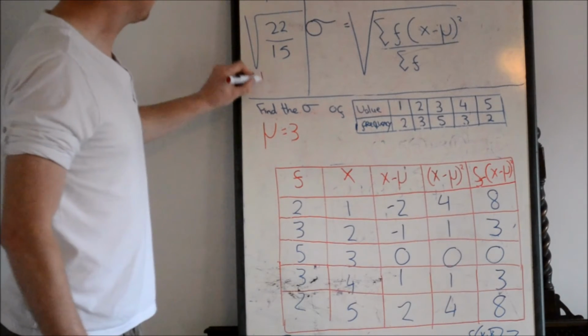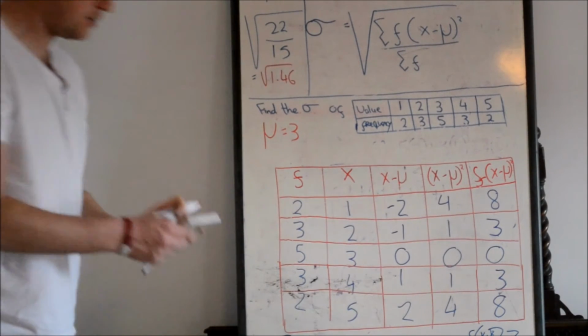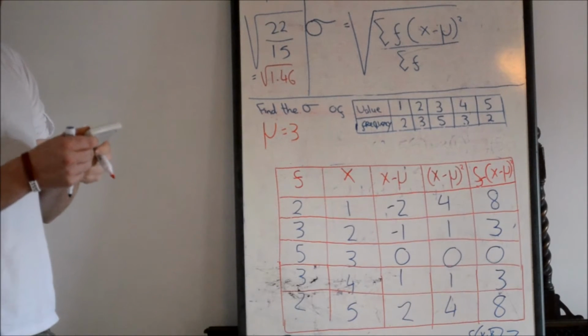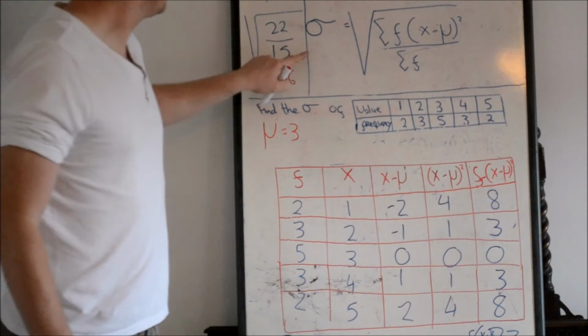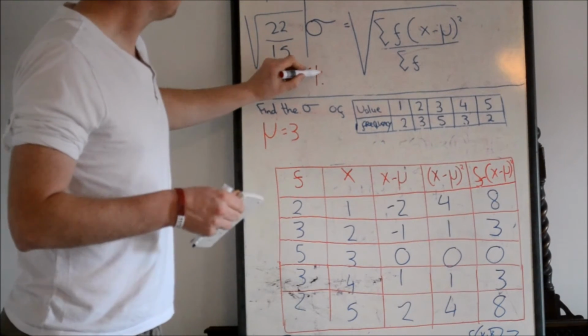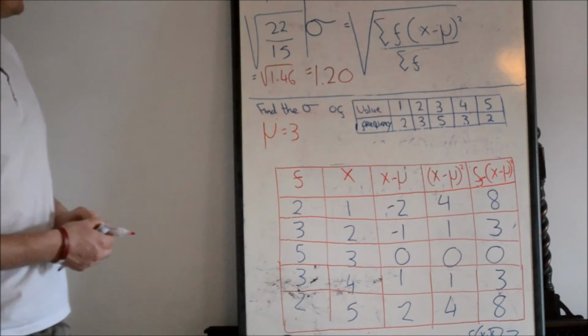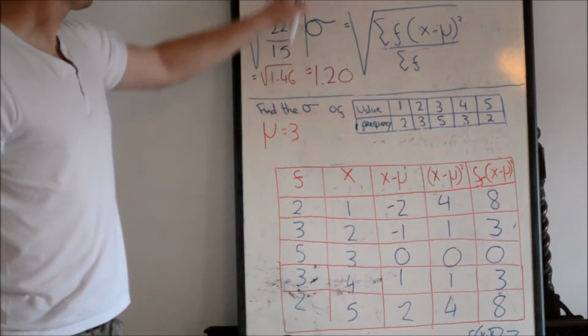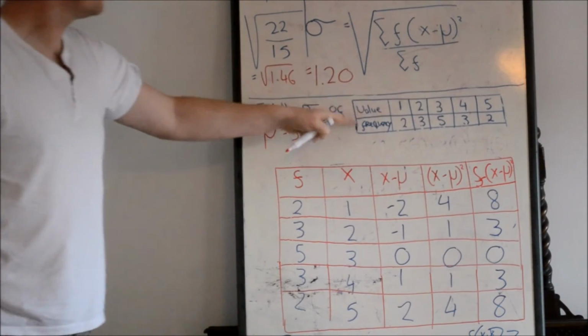So we have the square root of 1.46, and just to finish it off, the square root of 1.46 equals 1.20. So our answer, our standard deviation of this, is 1.20.